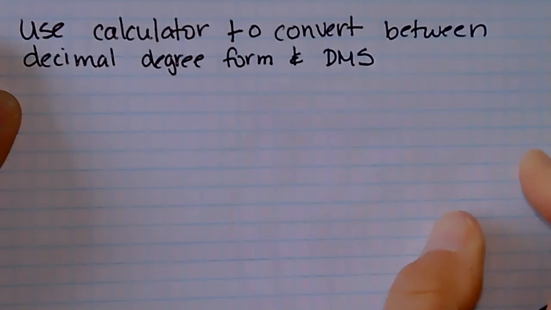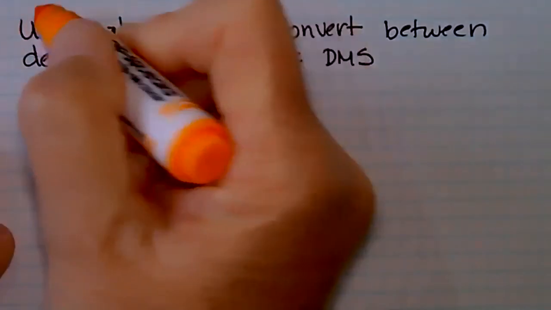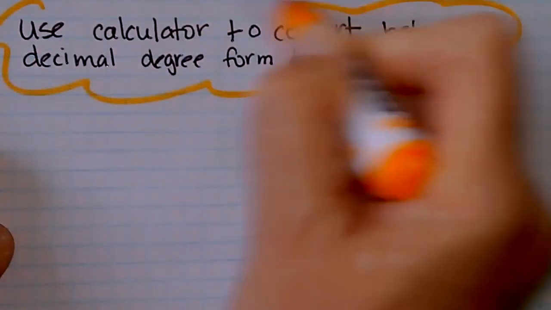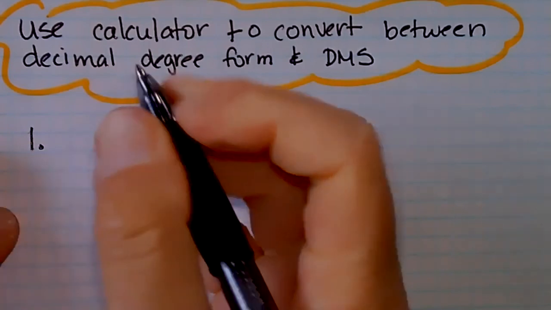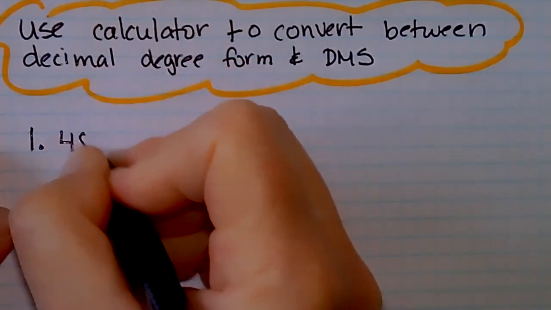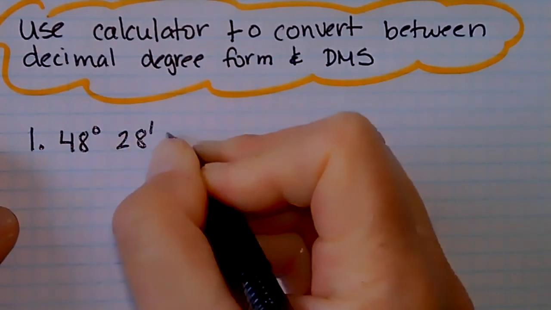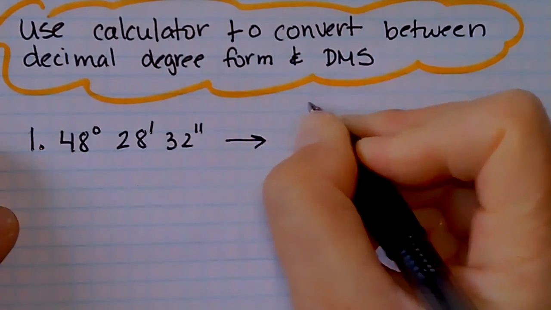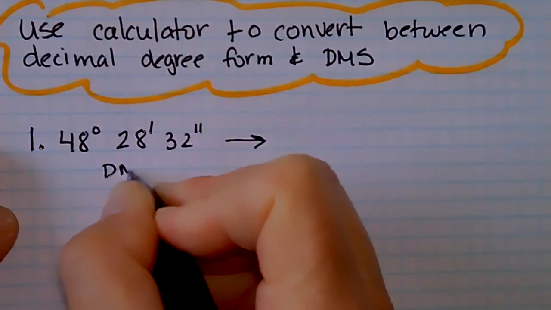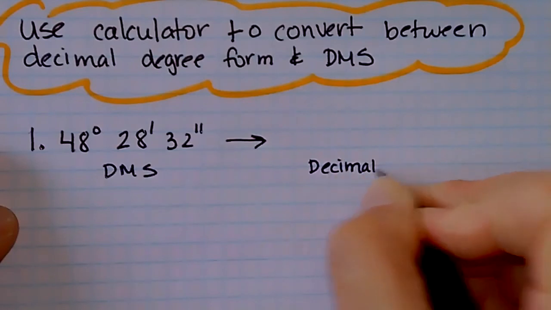So going back and forth between. So go through one example of each. Okay, so number one, taking 48 degrees, 28 minutes, 32 seconds, and we're going to convert this. This is degrees, minutes, seconds, and we're going to convert it to decimal degree.